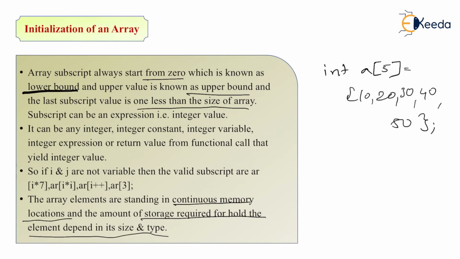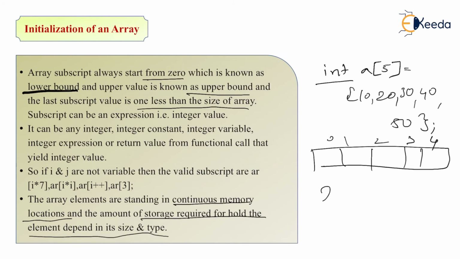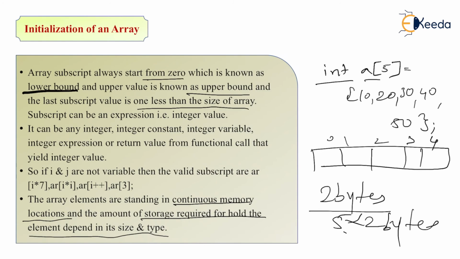That means this amount of space has to be provided to the array. And you know, for an integer we need 2 bytes of data. So for 5 elements, each gets 2 bytes, so we can say 5 into 2 bytes of memory has to be provided for the array A. Clear? Next.